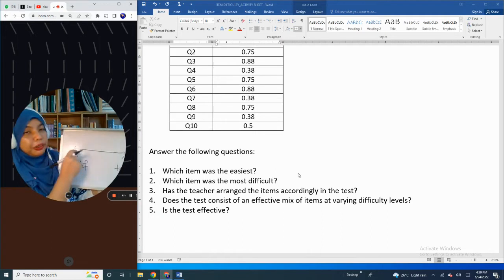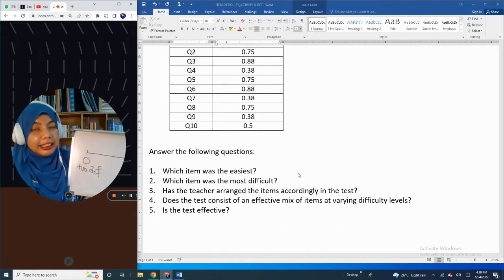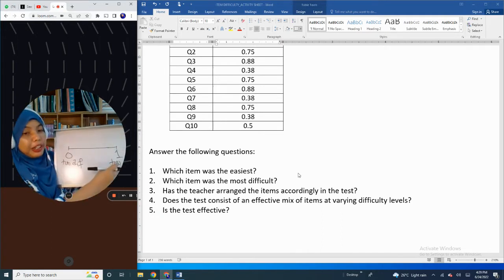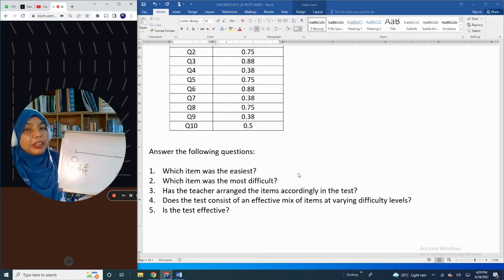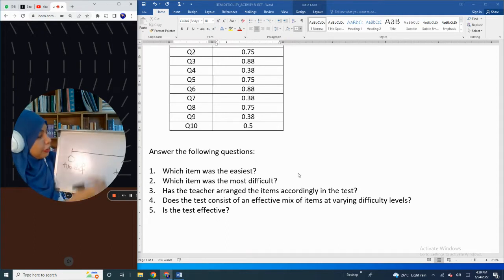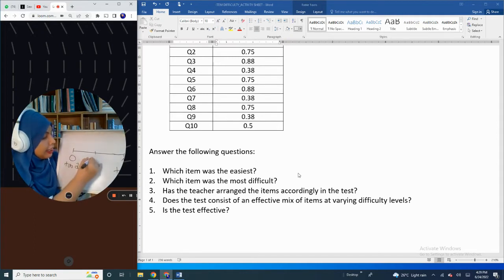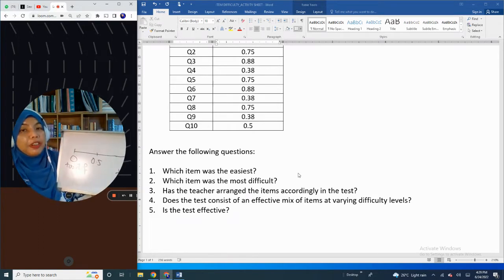So you'll get 0 if nobody in the class answered the item correctly, and you get 1 if everybody in the class answered the item correctly. With item difficulty indices, you can convert to percentage directly from the index. You get 0 because nobody answered correctly, and you get 1 because 100% of the students answered the item correctly. And 0.5 means that the item is of moderate level of difficulty.